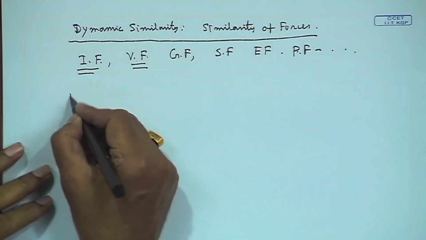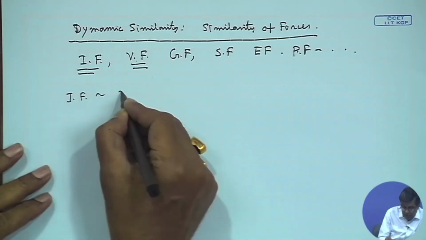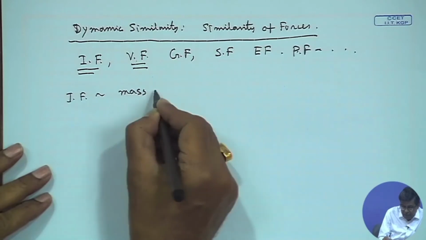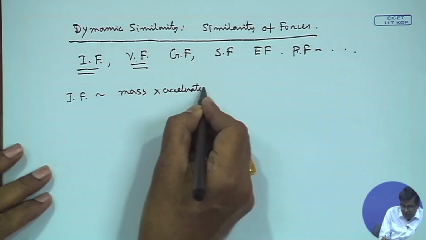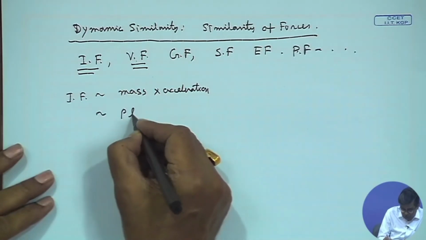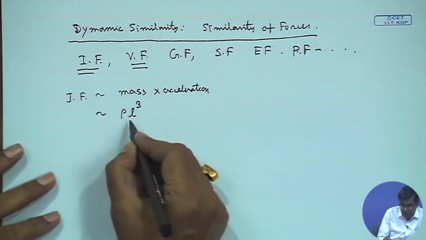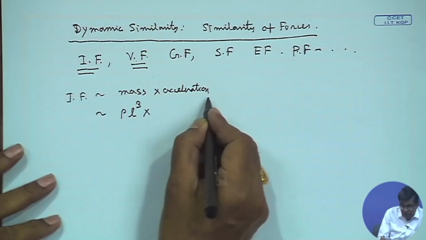How is it done? Inertia force, if you scale, is equal to mass times acceleration. Mass can be scaled as rho L cube, if L is the characteristic dimension of this system, and acceleration is the rate of change of velocity.